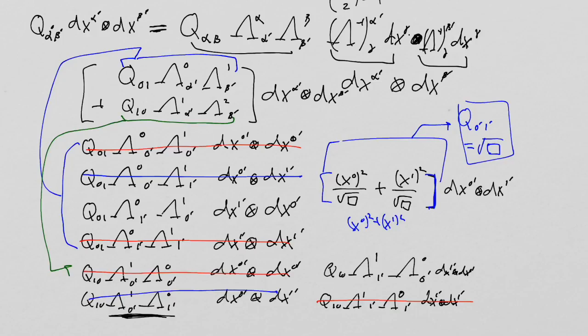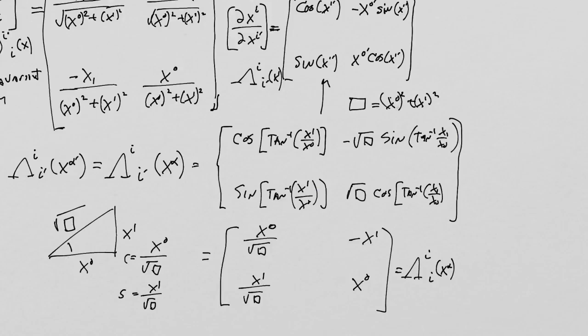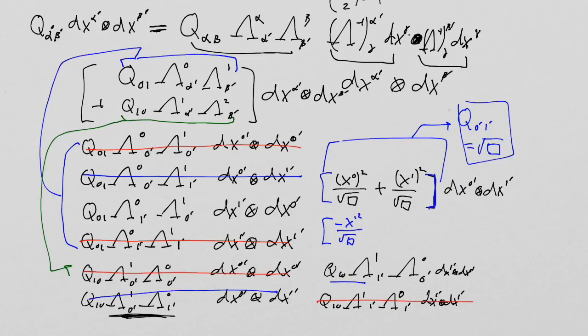So this one is minus x1 squared over root box. And then I have to add that to this guy here, which is 1, 1 prime, 0, 0 prime, which I think we already did. 1, 1 prime is x0, yeah, it's x0 squared over root box plus x0 squared over root box.